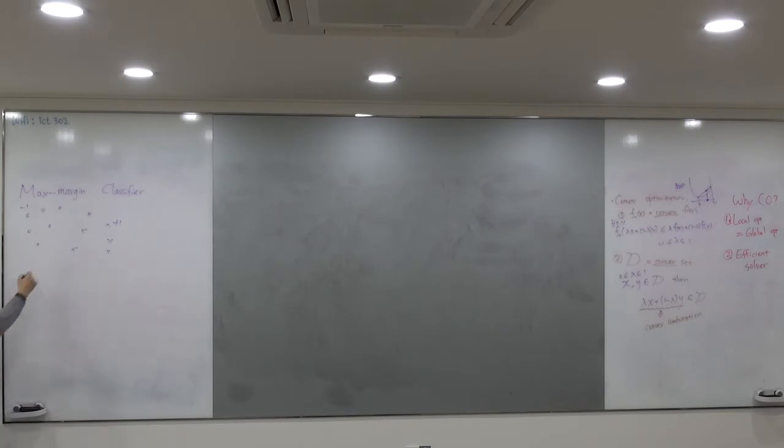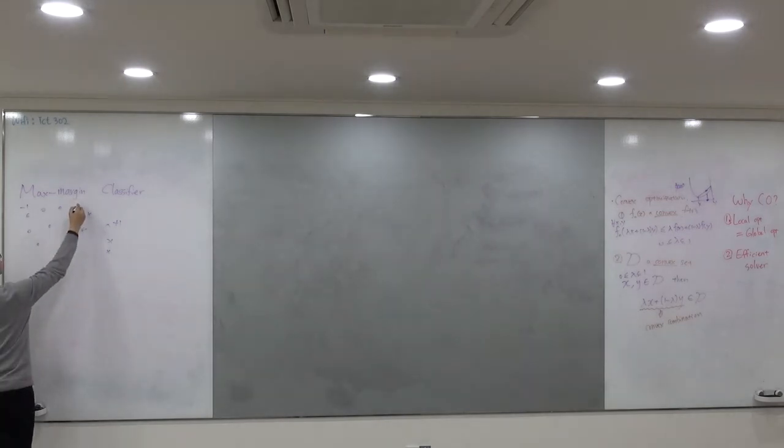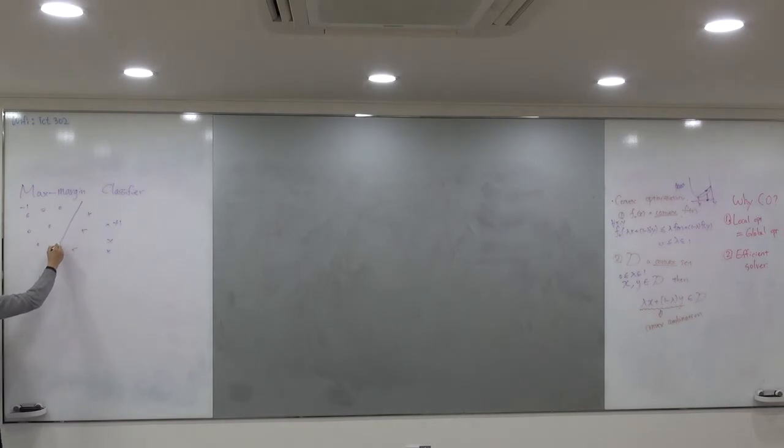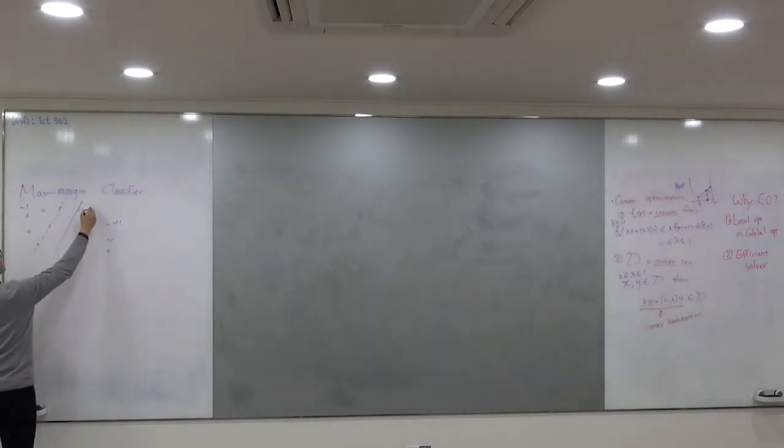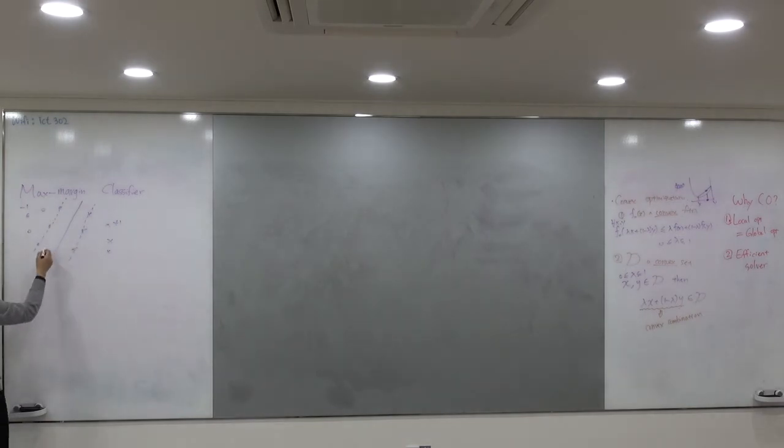And we want to find the maximum margin decision hyperplane like this. And in this case, the margin should be the distance from this dotted line to the separating hyperplane. This is the margin.